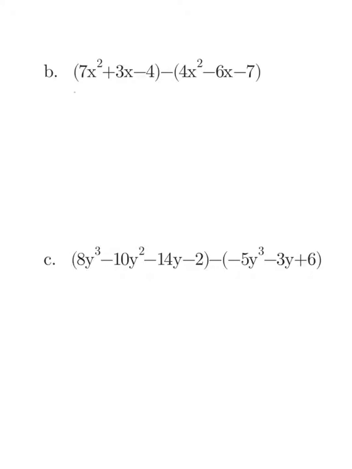My first step, I'm going to just go ahead and bring down my first polynomial. I'm going to discard the parentheses because, as I said, they are not important. For my second set, I do want to distribute the negative. So minus 4x squared is just going to be minus 4x squared.